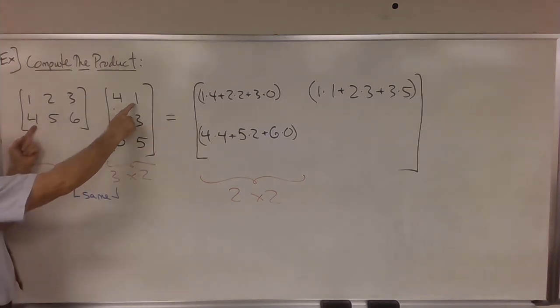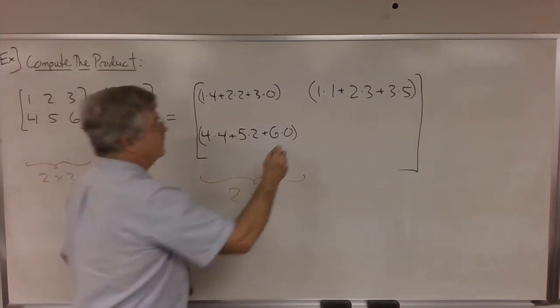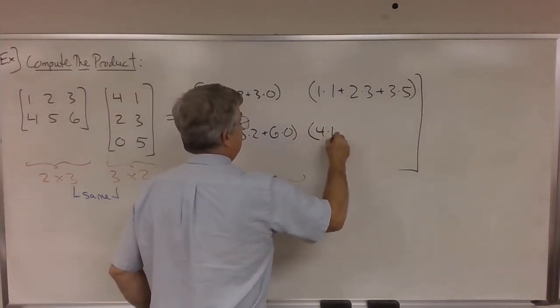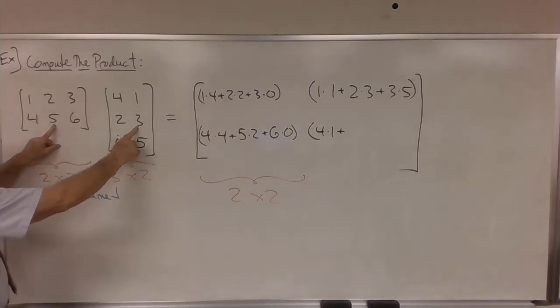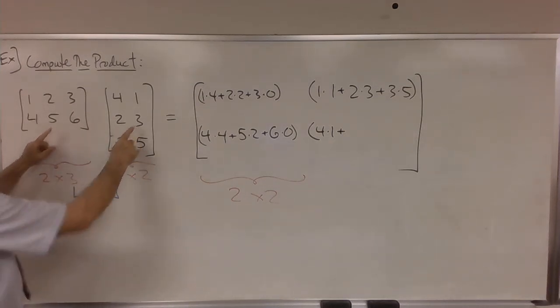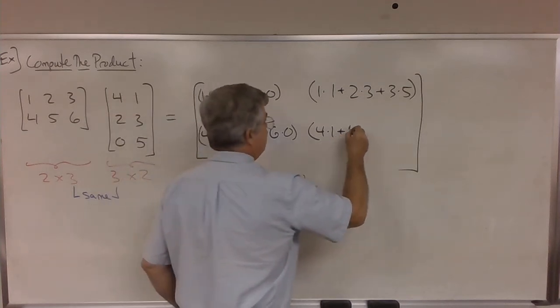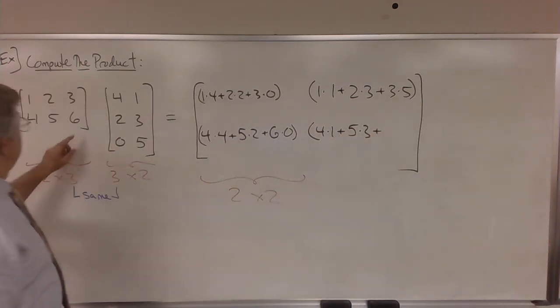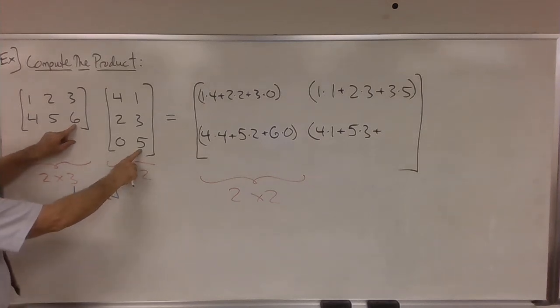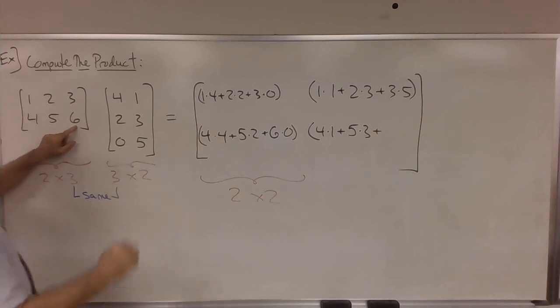We take the product of the first entries, 4 times 1, plus the product of the second entries, 5 times 3, and the product of the third entries, 6 times 5.